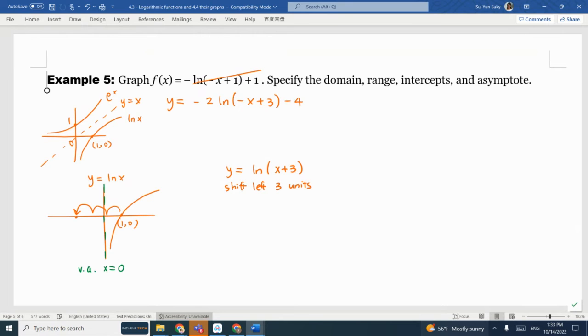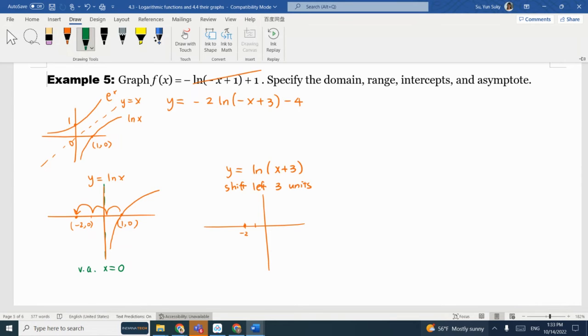What's this point? -2. Yeah, see? -2, 0. Right here. And what happened to the vertical asymptote? See your vertical asymptote here. You shift that 3 units. And now it's at -3.